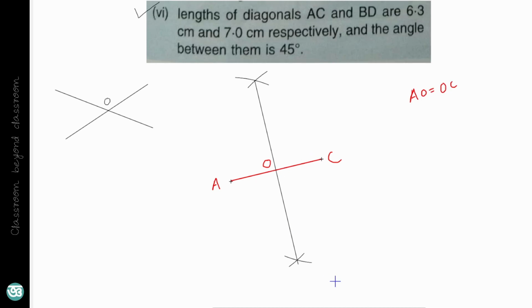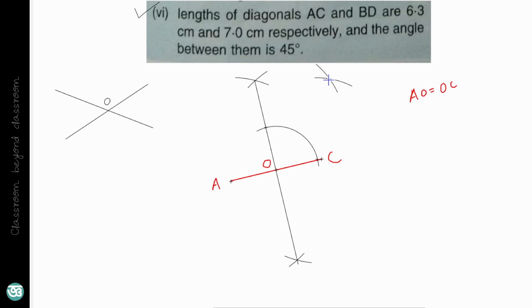Now at point O, we have to construct an angle of 45 degree. You see, already we have an angle of 90 degree because this is a perpendicular bisector. So let us bisect this angle and that way we'll get the 45 degree angle. Let us draw this arc and then take this point as the center and draw another arc.